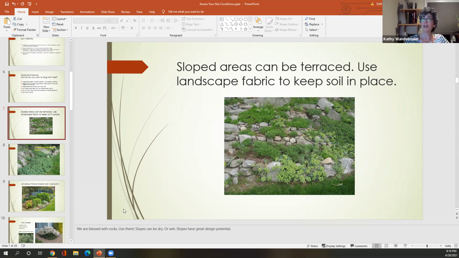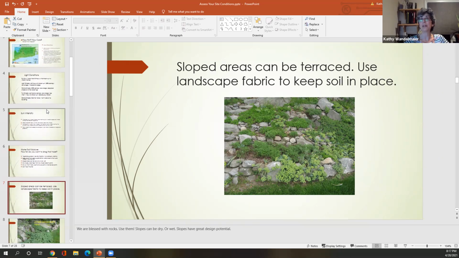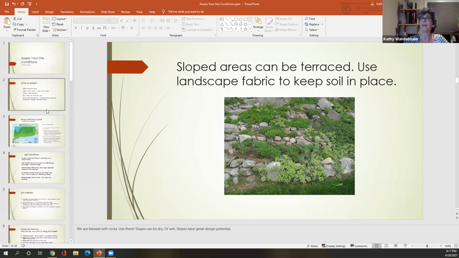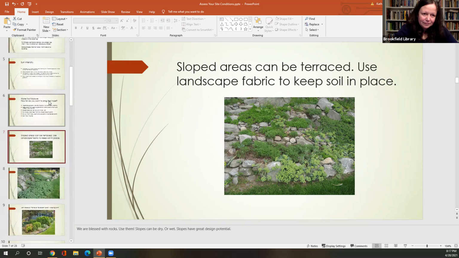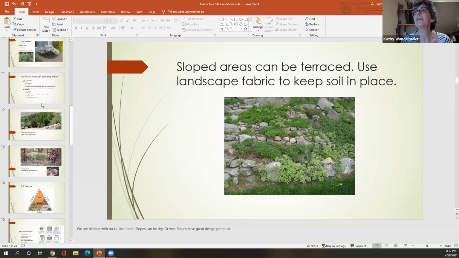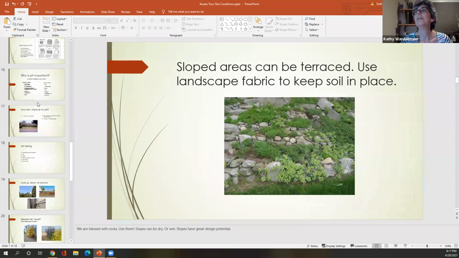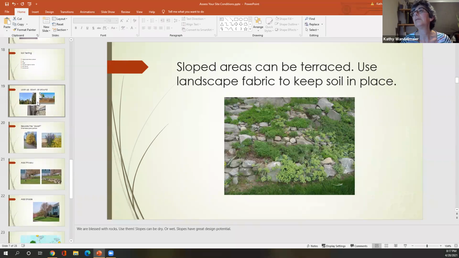Is anybody interested in seeing the NEMO web address? That was the address for the, I can go back to the slide if you want to copy it down, because NEMO is not really easy to remember. Sure. Rain gardens. Where did my rain garden go?